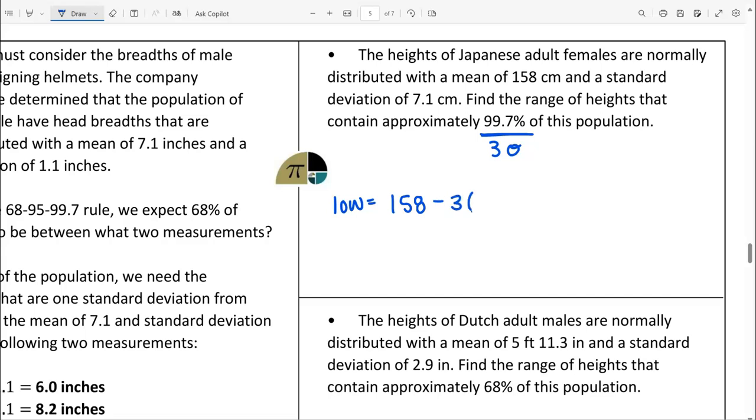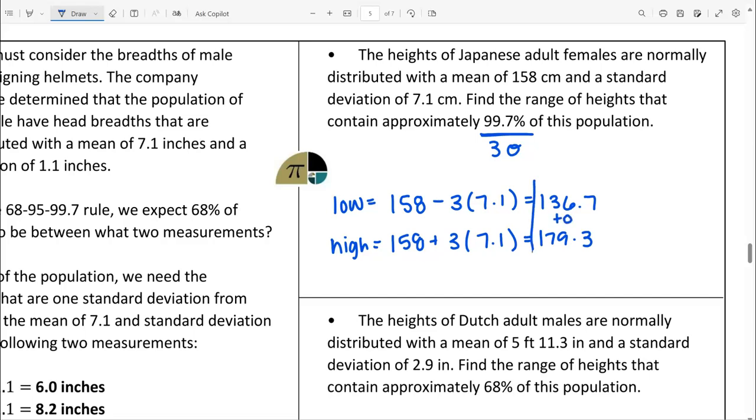So I'm just going to write it as 3 times 7.1. If you type that in your calculator, you get 136.7. Now to find the upper number, we do the same thing but with a plus. Again, this is going 3 standard deviations up, and that gives me 179.3. So my range would be from 136.7 to 179.3.